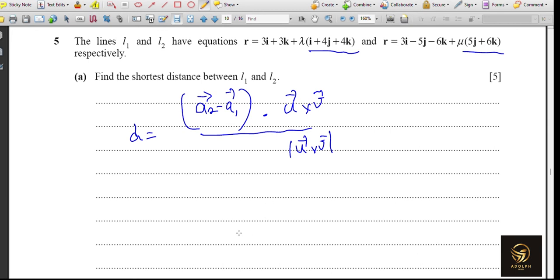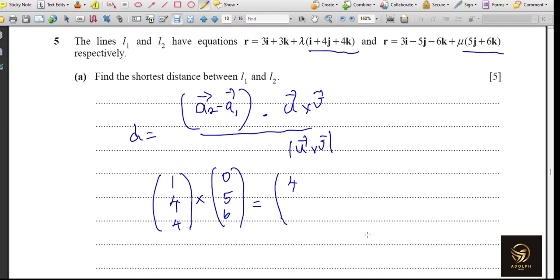Now u cross v, how are we going to find that? The u value is 1, 4, 4, cross, I can mention by the cross symbol, 0, 5, 6. If I do this, I'm getting the vector of 24 minus 20, it is 4, and for j it is negative 6, and for k it is 5.